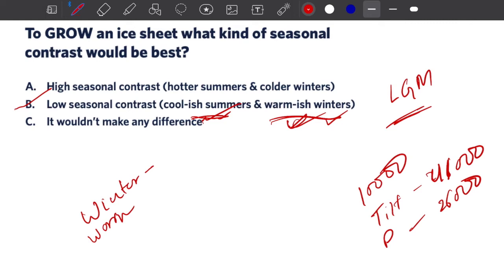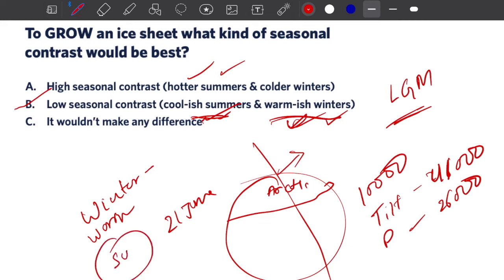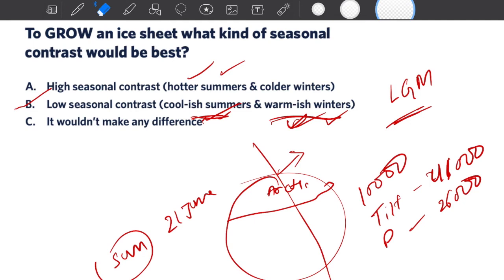Coolish in nature means what? There is no more melting. So think like this, suppose this is the northern hemisphere. Here we have Arctic ice. If the summers are hotter, in that case the Arctic ice will melt. If summer is very hot, say the northern hemisphere is towards the sun, say 21st of June, right now the northern hemisphere is towards the sun, the sun is over here, so it is pointing towards the sun.